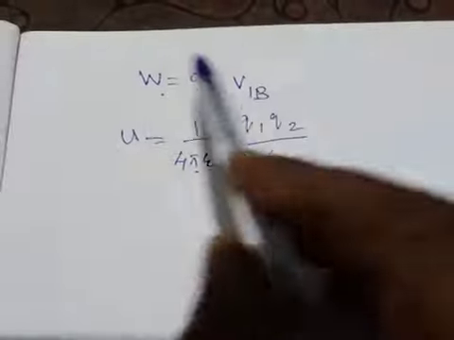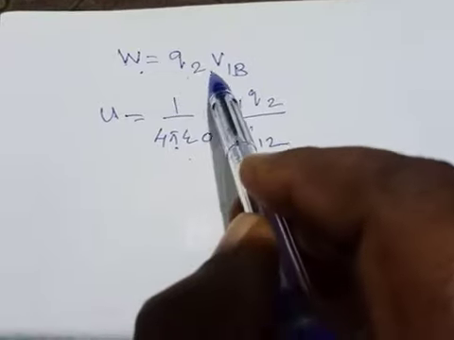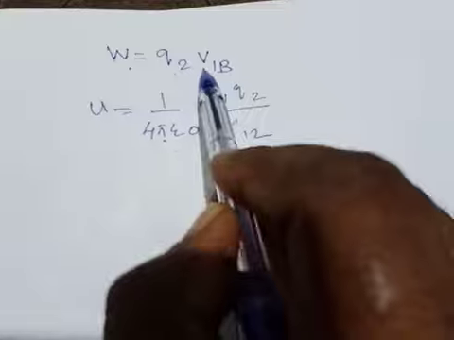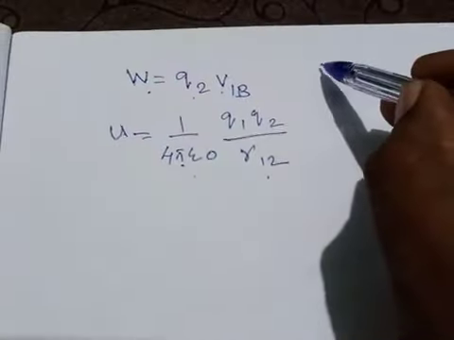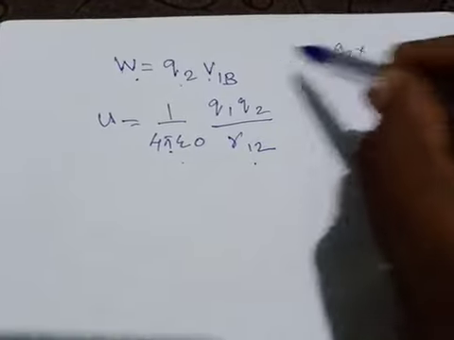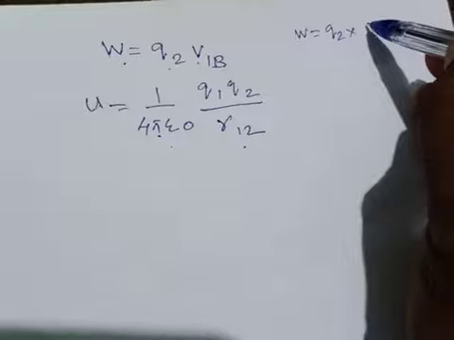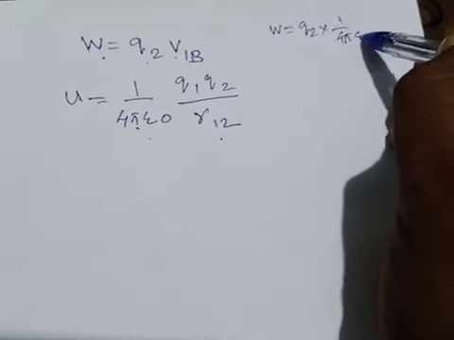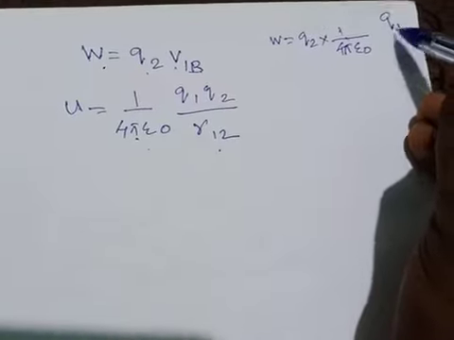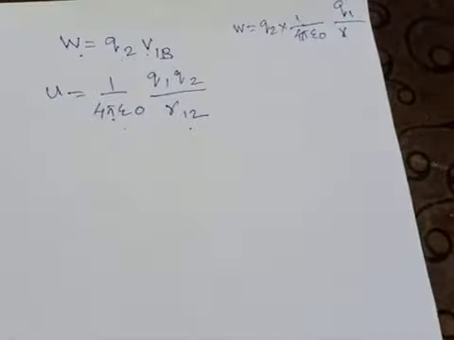This work done is equal to the product of the charge Q2 and the electrostatic potential at the point B. Now W is equal to Q2 into V1B. The electrostatic potential at the point B is 1 by 4 pi epsilon 0 Q1 by R, and the distance is what?